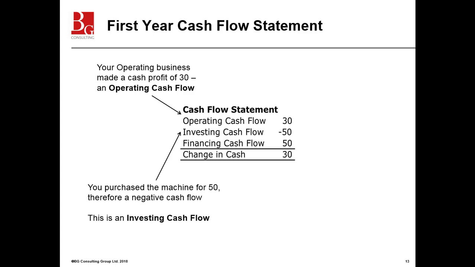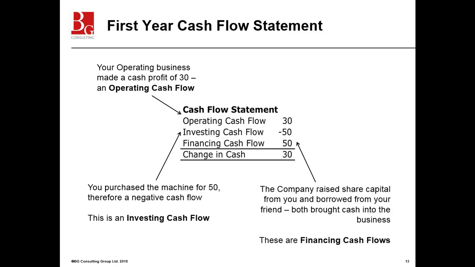That's an investing cash flow. In the very beginning, the company raised money from you, the equity of 40, and your friend, the debt of 10. Both brought cash into the business, and so they are categorized as financing cash flows. It's the net result of all of them that gives us the change in cash.